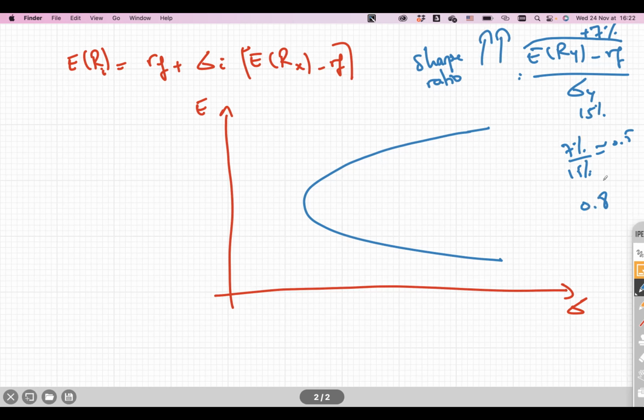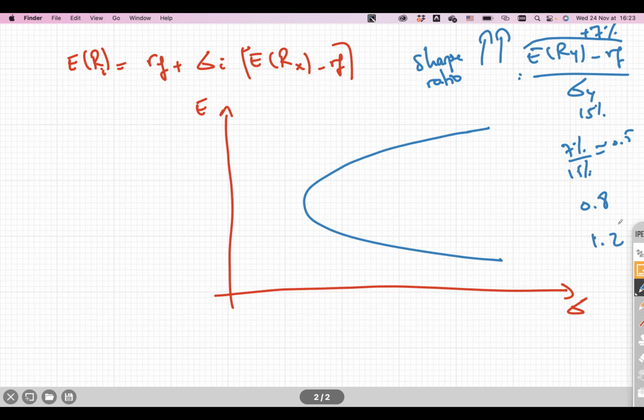For each unit of risk, you are rewarded by 0.8 unit of return. If the Sharpe ratio is equal to 1.2, it is even better, because for each unit of risk, you are rewarded by 1.2 units of return.